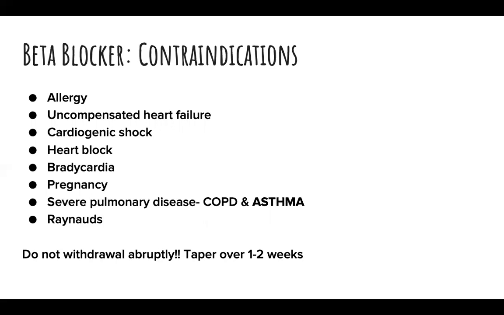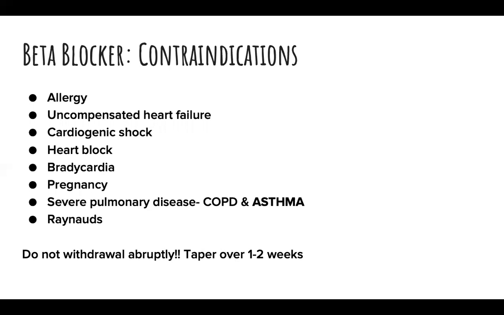Some conditions like uncompensated heart failure or cardiogenic shock, my heart is already beating less strong. So that would be concerning. Heart block, we already have less electrical activity in the heart with a heart block, so we would not want to see a negative dromotropic effect.